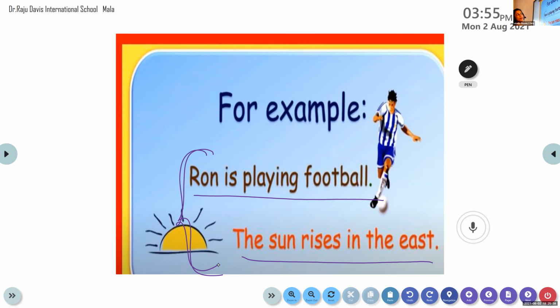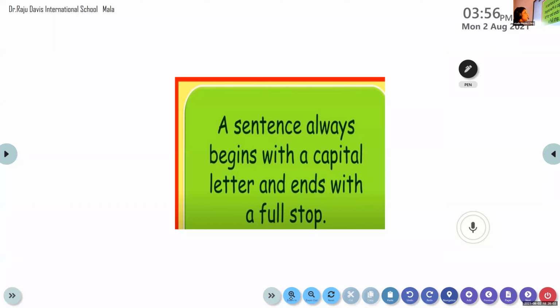I hope I made myself very clear to you. Both these groups of words are called sentences because they make sense. Ron is playing football. Who's playing football there? Ron is playing. The sun rises in the east. Both make sense, so we call them sentences.